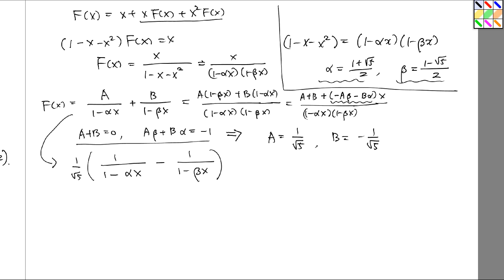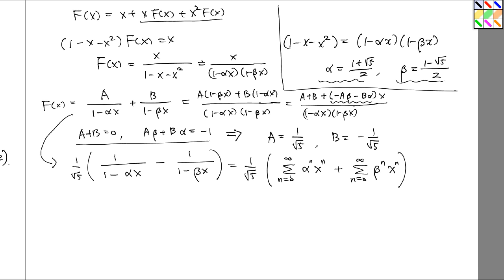Okay, now look at each term. This is a geometric series. You can expand this very easily. So it's 1 over square root of 5 times the summation from 0 to infinity of alpha to the n x to the n, minus the sum from 0 to infinity of beta to the n x to the n.